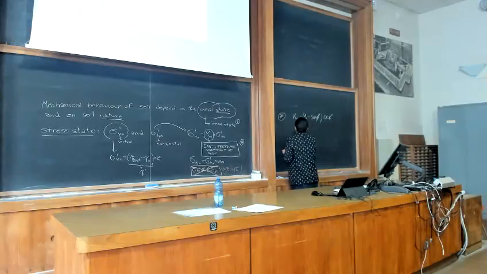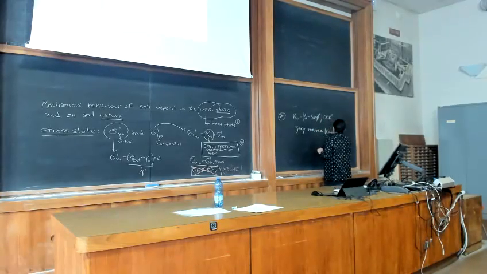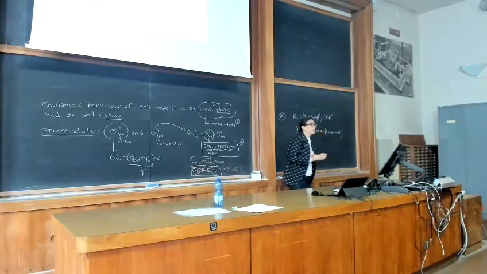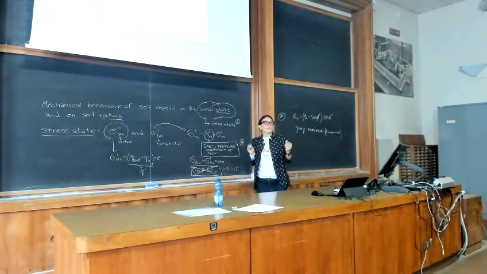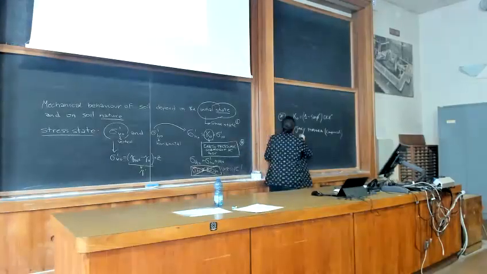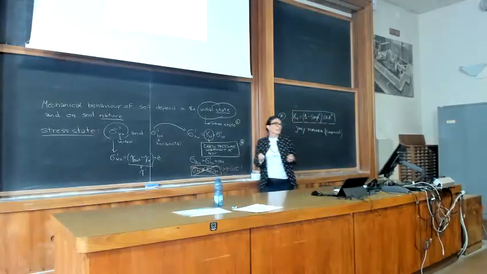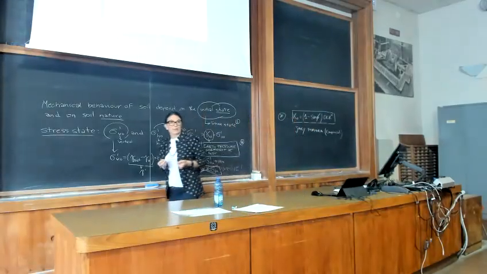This is the Jaky formula, which is an empirical formula. It means that it has been calibrated on data from different sites in which the horizontal stress has been measured, for example.